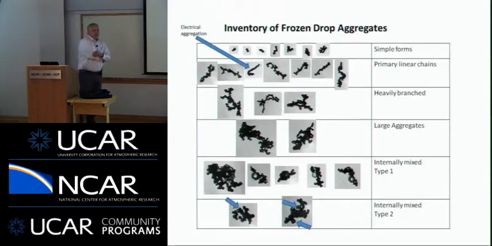So I went through the DC-8 anvil cases we had where we had CPI data to try to make an inventory. And this image shows some of the simplest forms where you have doublets and triplets, 4 or 5 in a simple aggregate. And then there's a category, and these are somewhat arbitrary, but it's illustrative.